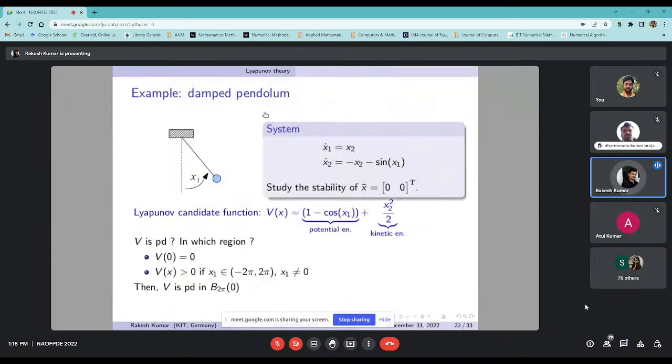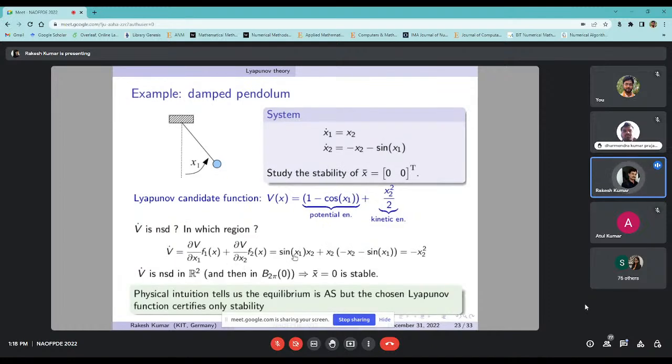And this is the damped pendulum problem. Damped means it has friction. This is the differential equation of the damped pendulum problem, and this is its equilibrium point. If we design the Lyapunov function as the energy function, potential energy plus kinetic energy, you see that it is positive definite in the neighborhood minus 2 pi to 2 pi.